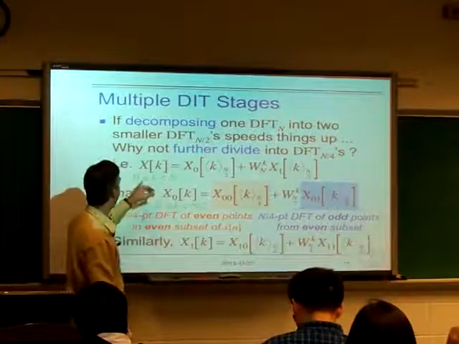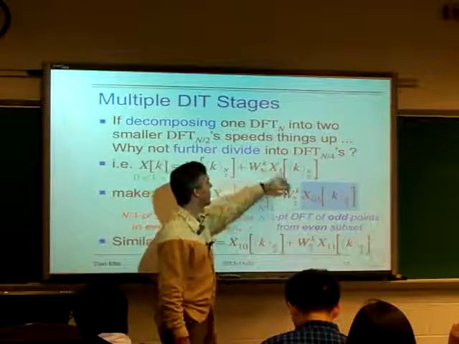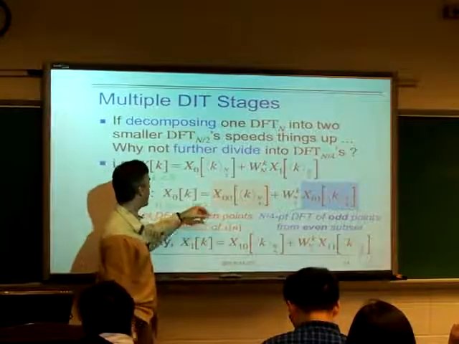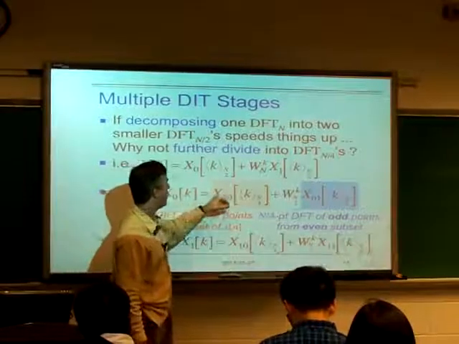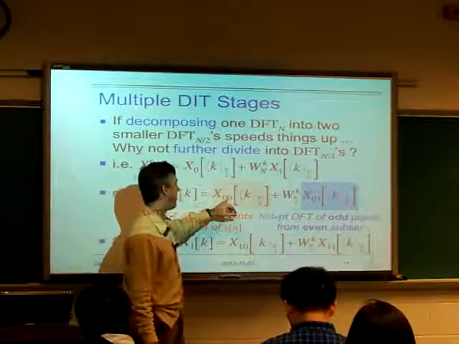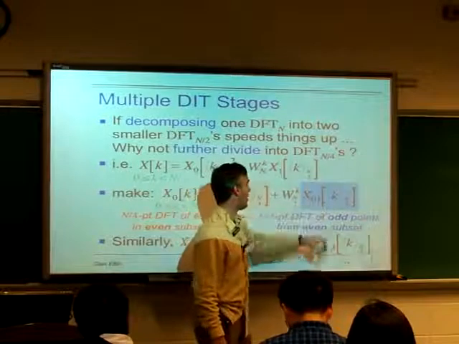So we could say that if X of k is equal to X sub 0 plus something times X sub 1, then we can take X sub 0 and decompose that. This is an N/2-point DFT. We can decompose it into two N/4-point DFTs, X sub 0,0 and then W sub N/2 to the k, X sub 0,1.